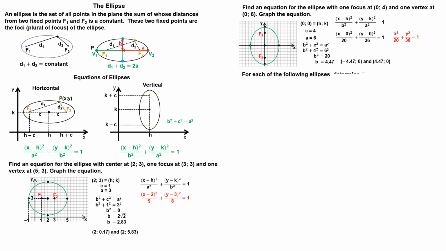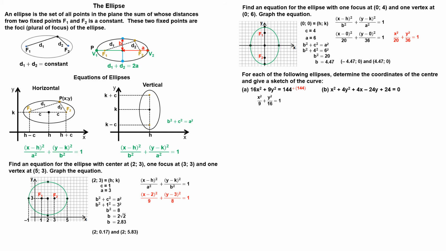For each of the following ellipses, determine the coordinates of the center and give a sketch of the curve. To solve item A, first we put the equation in standard form. To obtain the equation in standard form, with 1 on the right side, divide both sides by 144.